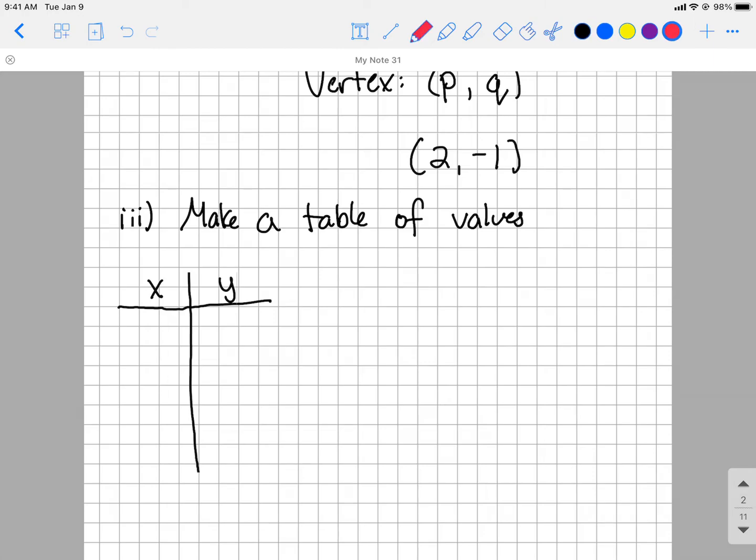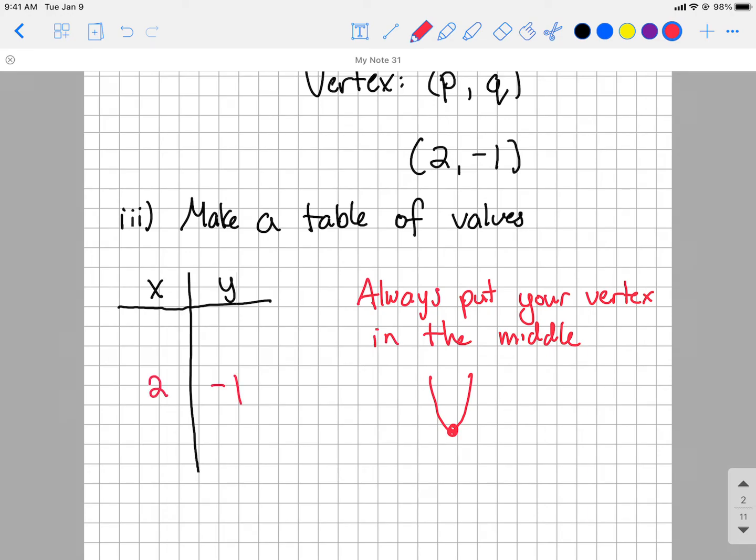And here's an important note for you. Always, always, always put your vertex in the middle. Because if you remember what a parabola looks like, the vertex is always in the middle of the parabola. So if we're making a table and we're finding points, we should also do the same. So that means we've got 2, -1 right there in the middle of the table.